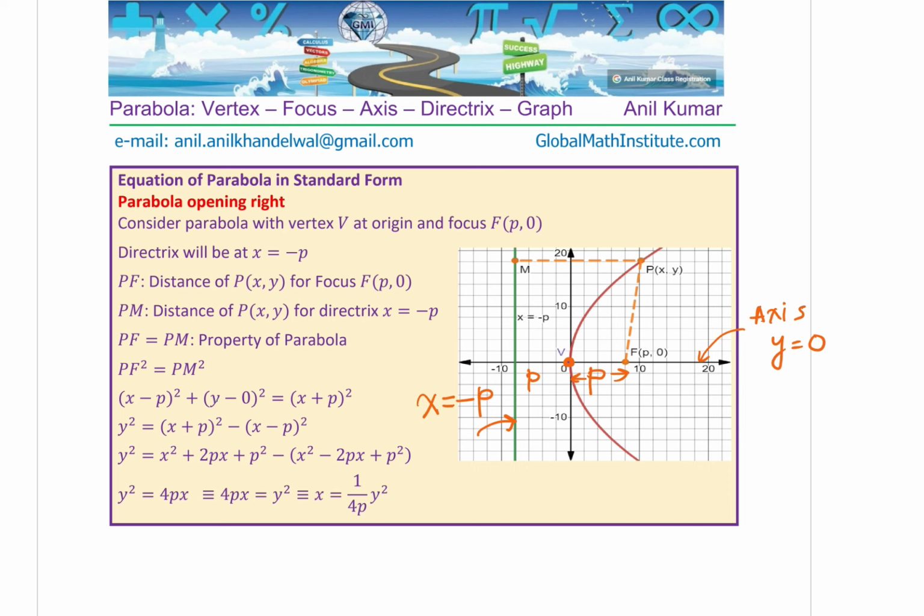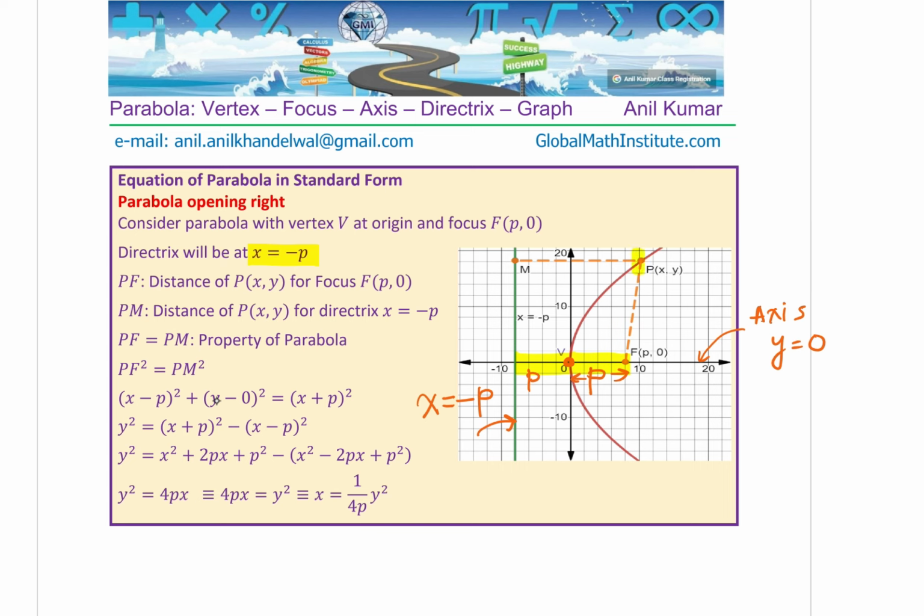Is this part clear? So basically we are saying that the vertex, the focal point and the vertical line, the directrix, are the same distance away. So if p is the distance between V and F, then p is also the distance between V and the line. So that is how we get the equation of the directrix, which is x equals minus p. Clear? So what we've got here is a point on the parabola.